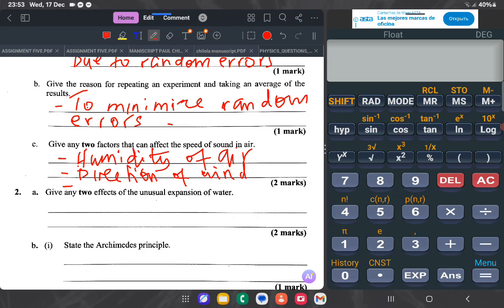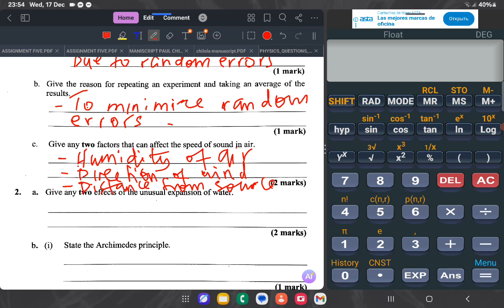It can also be affected by distance from the source of sound. The longer the distance from the source of sound, the lower the speed of sound.